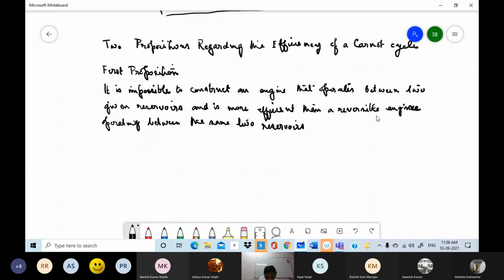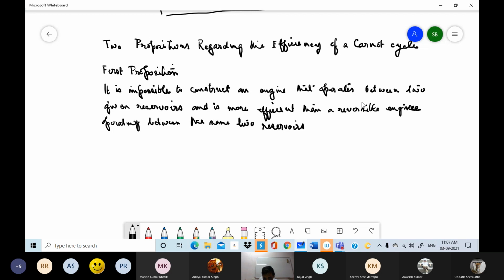So the first proposition says that if you have two reservoirs at two different temperatures and you operate engines which work in a cycle between these two reservoirs, then an engine operating between these can never be more efficient than a reversible cycle.